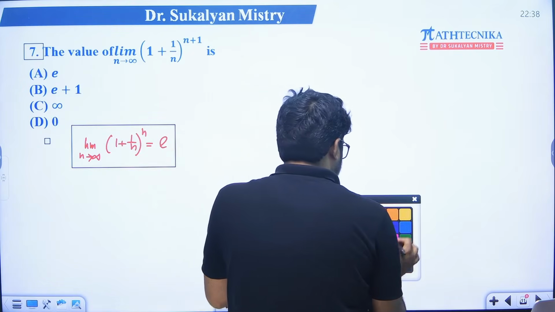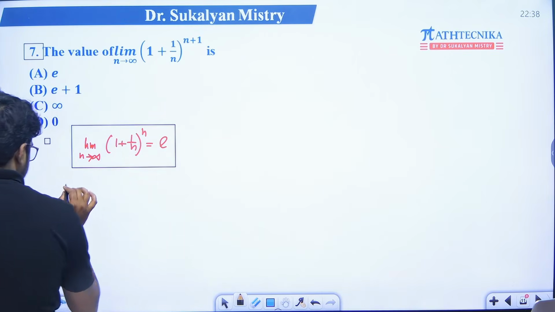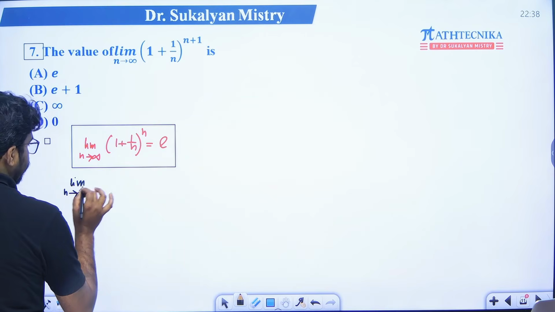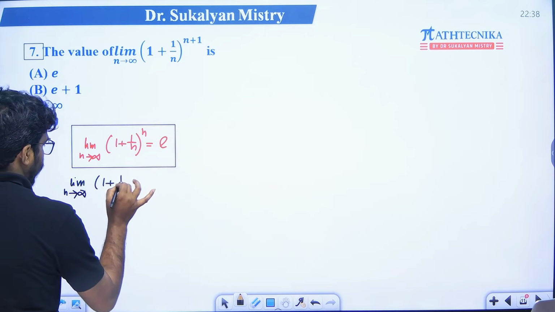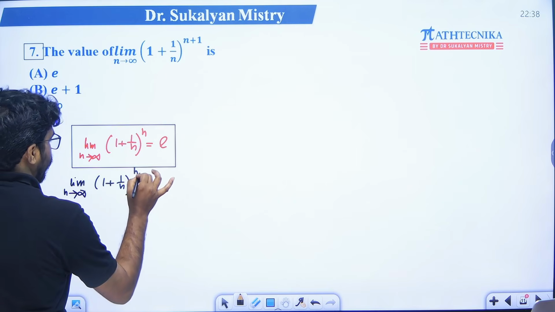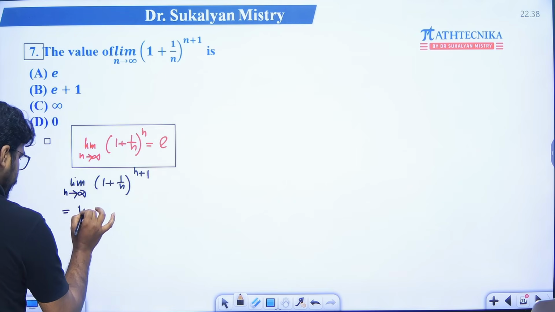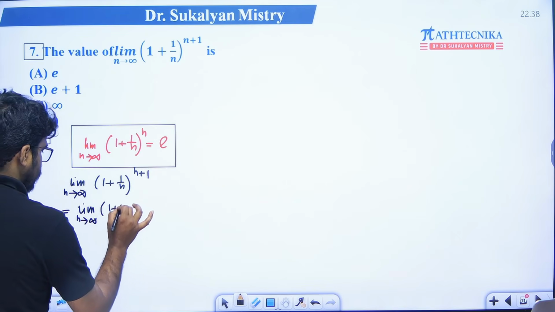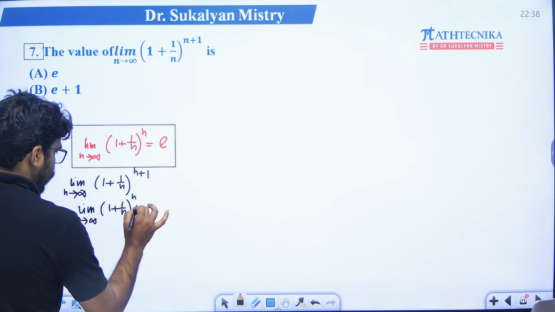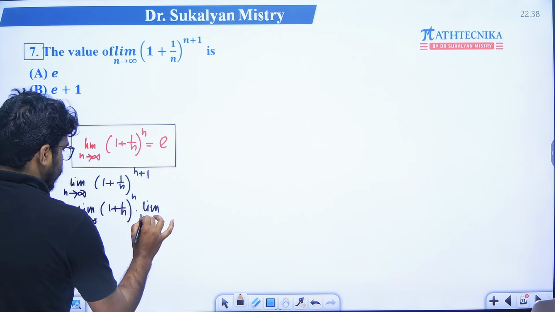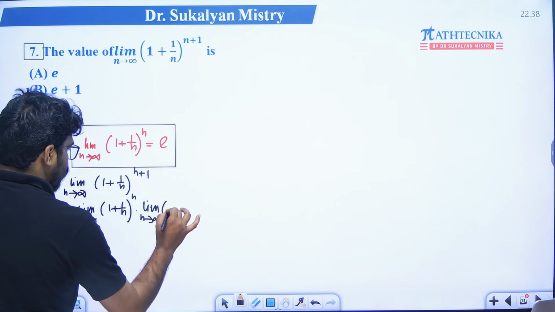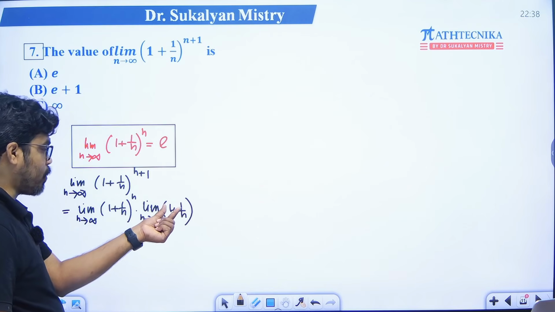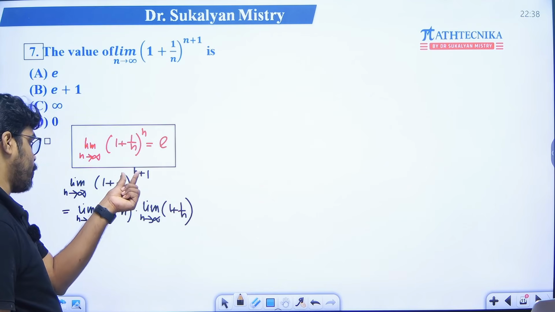Here we have to calculate limit n tending to infinity (1 + 1/n)^(n+1). So this can be written as limit n tending to infinity (1 + 1/n)^n into limit n tending to infinity (1 + 1/n), so that is (1 + 1/n)^(n+1).